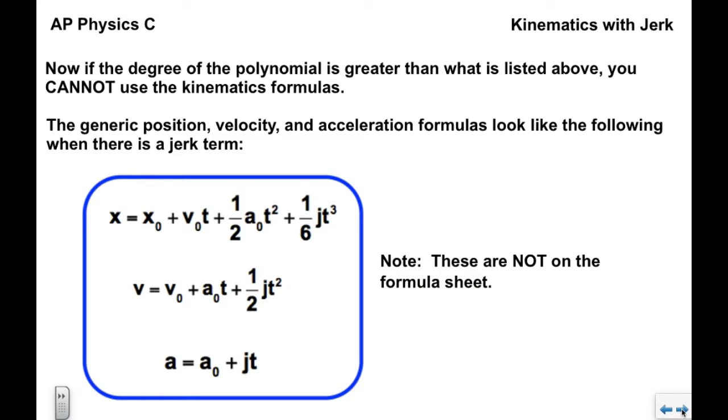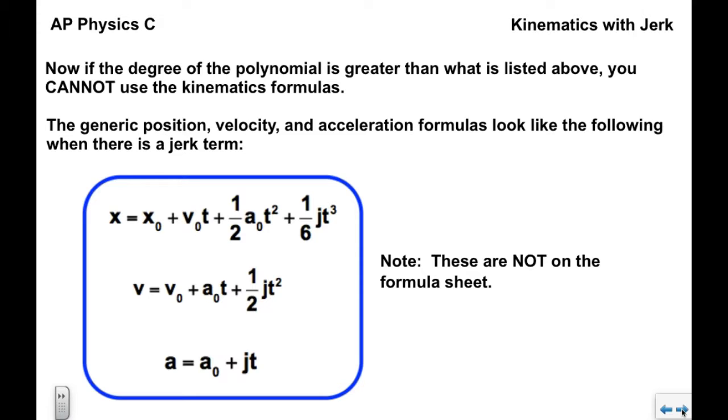The generic position, velocity, and acceleration formulas look like the following when there is a jerk term. Again, this is a blue box. These are not on the formula sheet, but the extra term in each case I think is pretty easy to remember. For position, x equals x0 plus v0 t plus 1/2 a0 t squared. Those are familiar.